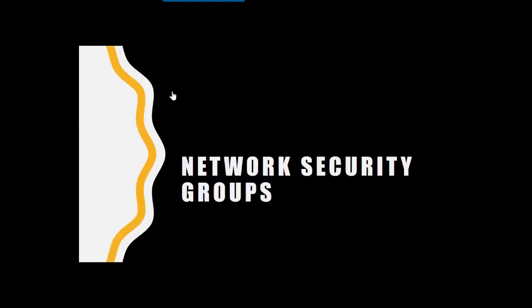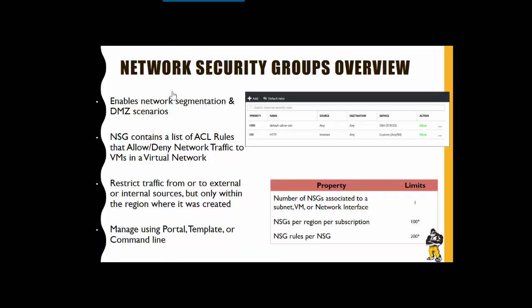Moving on to network security groups. A network security group is really a firewall software-like solution enabling network segmentation and DMZ-like scenarios. By using network security groups, you define incoming and outgoing traffic, whether it's allowed or denied, from any incoming or outgoing communication to a virtual network, or even down to virtual machine network interface card level if you want.